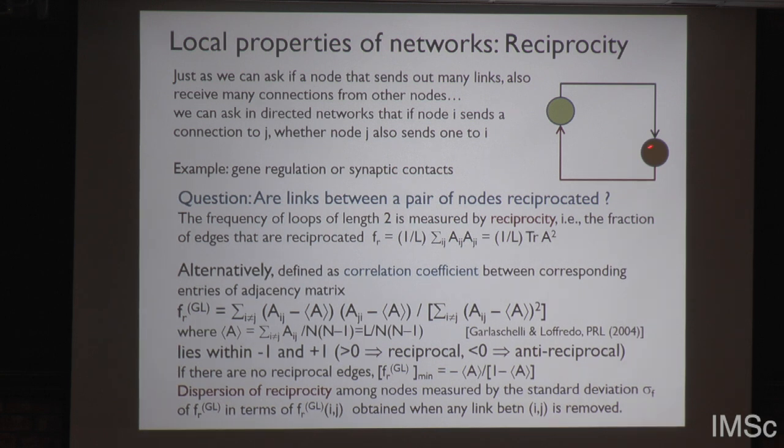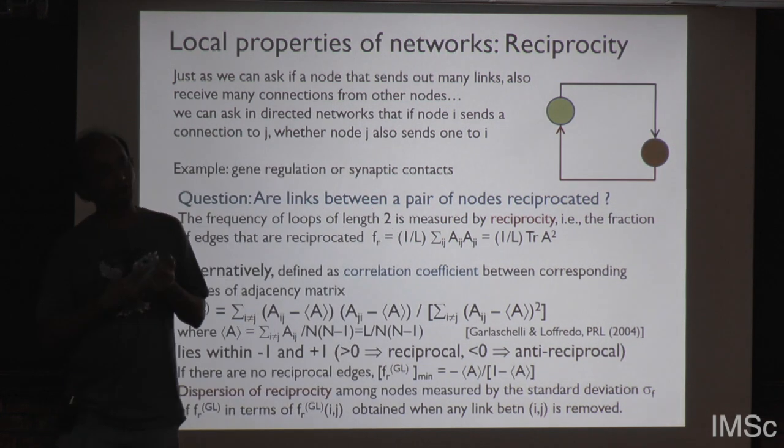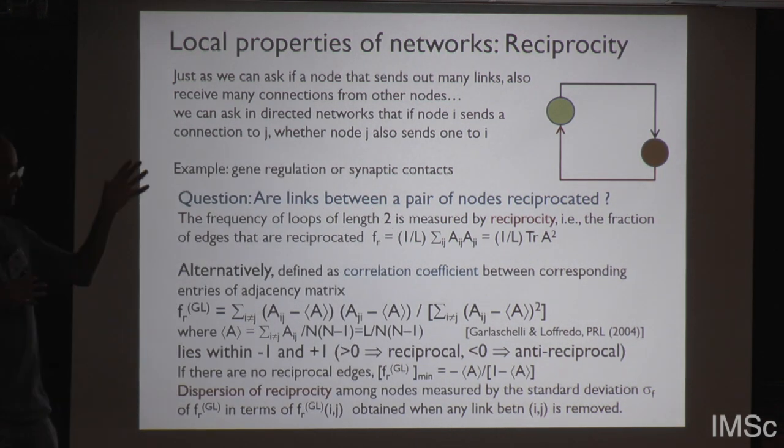Okay? You can ask, if I receives a connection from J, does J also receive a connection from I? This would be a question which is relevant in lots of different biological networks. For example, in neuronal networks, you could ask, let's say a synaptic connection exists from A to B. Does a reverse connection also occur?